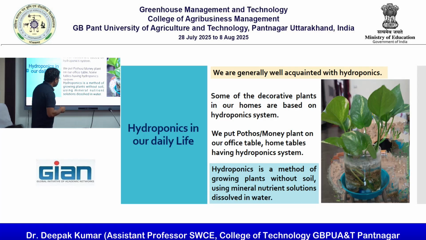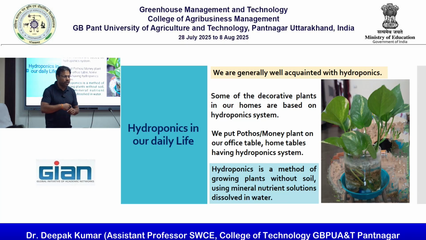So what is hydroponics? Hydroponics is a method of growing plants without soil. You don't need soil. It uses a mineral nutrition solution dissolved in water, so you have to provide some nutrition in the solution itself. Certainly, when we think about hydroponics, we cannot think about the neem tree.